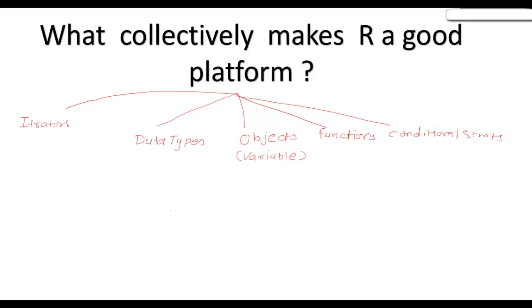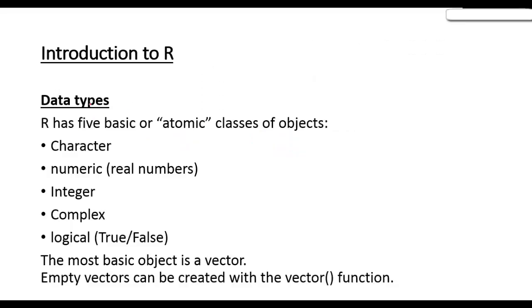Okay, fine. So now let's talk about various data types in R. These are basically the main five data types of R, as this language is designed to work around data.